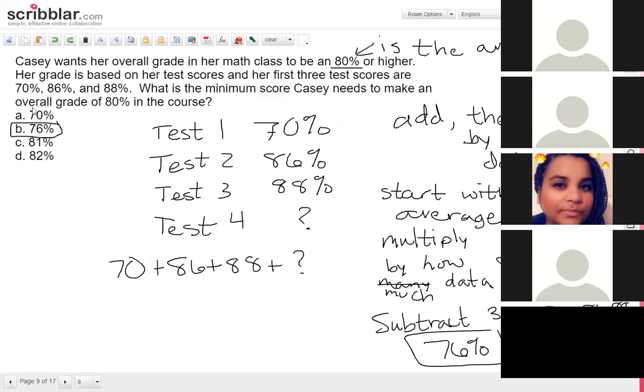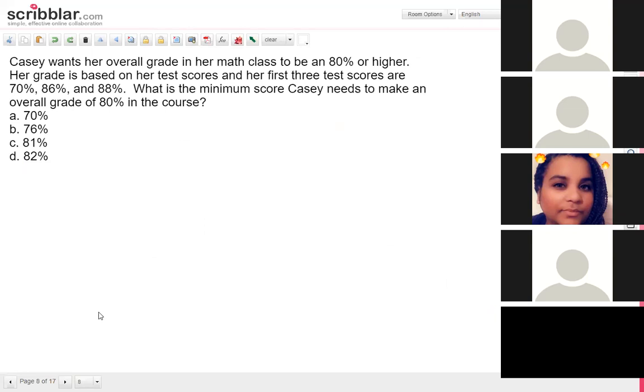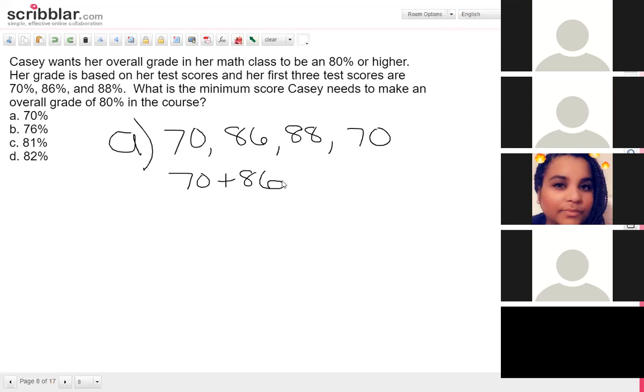So with multiple choice tests, there's often a second way to do things, which is why I included this question twice. If you can't remember the process, you're like, I don't remember how to do all this backwards. Well, we can try our answer choices. Let's try answer choice A first. We have our 3 test scores, 70, 86, 88. And let's pretend the fourth one is this 70% for answer choice A. Now we just find the average like normal, which we're more used to working with.